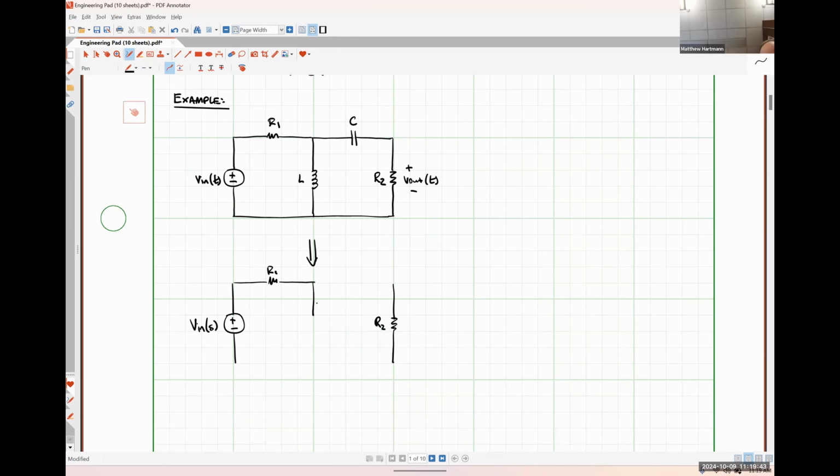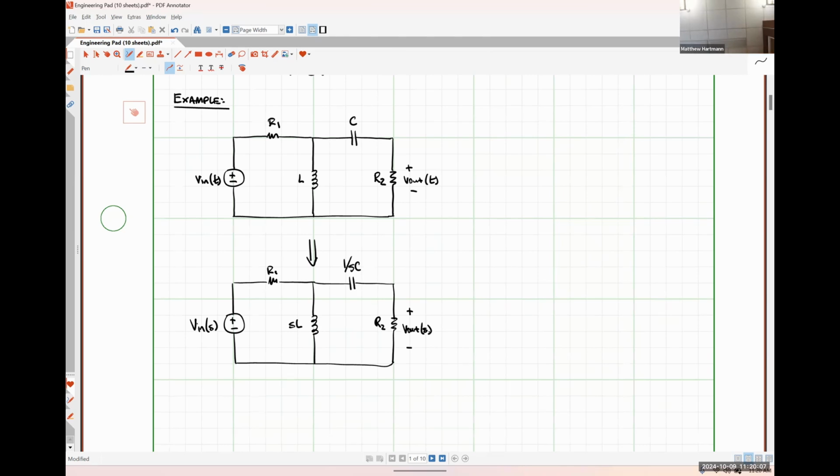My inductor is going to be replaced with an impedance of sL. And my capacitance is going to be replaced with an impedance of 1 over sC. Like so. And then this is going to be my output voltage as a function of frequency.